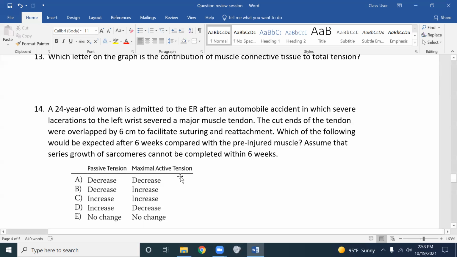What will happen to the maximum active tension? It will decrease as well. So the passive tension will increase, the maximum active tension will decrease. Why? When he pulled the thing, the overlap between the actin and the myosin became further apart. So that will decrease. That's what this question is.